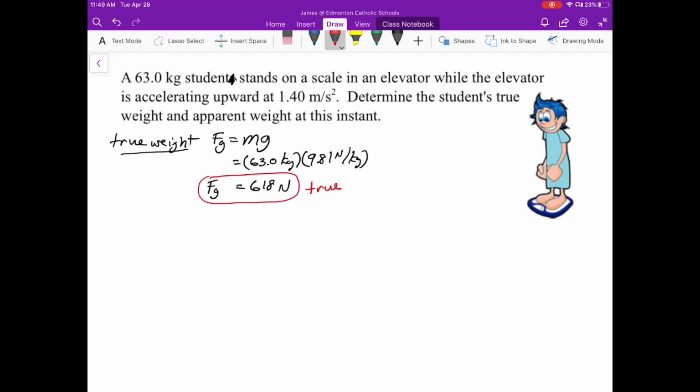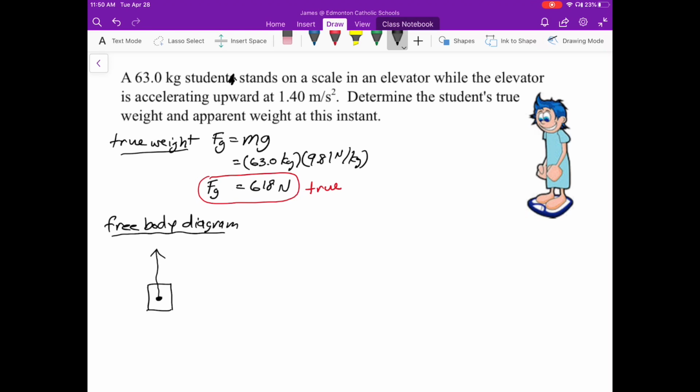Now to get the student's apparent weight, we're going to draw ourselves a free body diagram of the student. So here's the student. They are accelerating up.